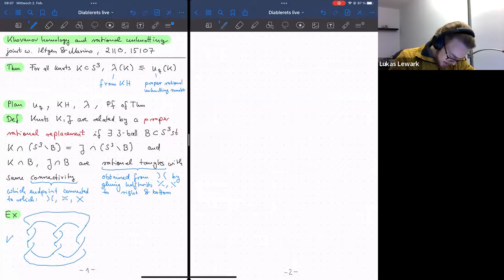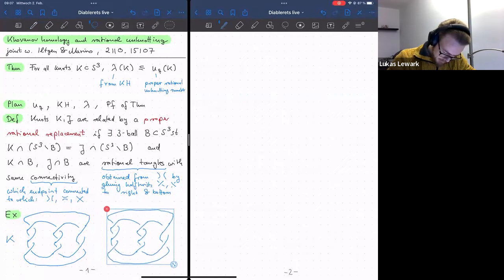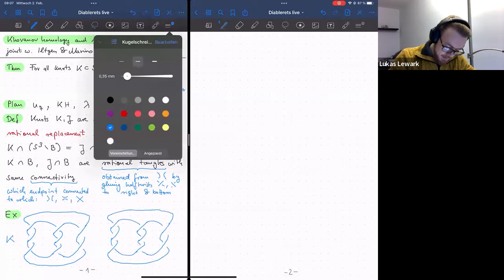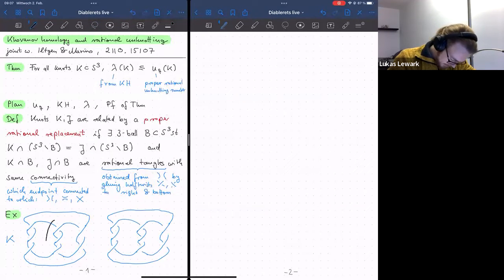So this is my knot K. Now proper rational replacement means I take a copy of K. Then I choose a ball, let's take this one here, which, as you see, intersects the knot in this rational tangle, which consists of 3 half twists.